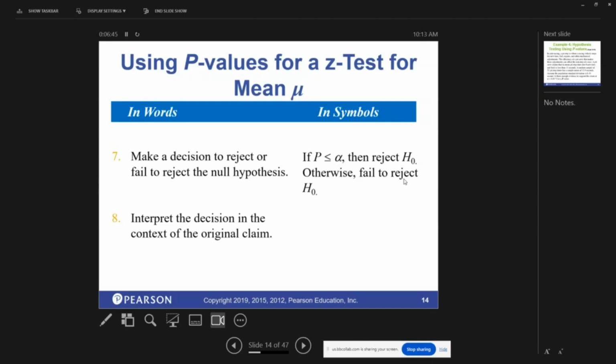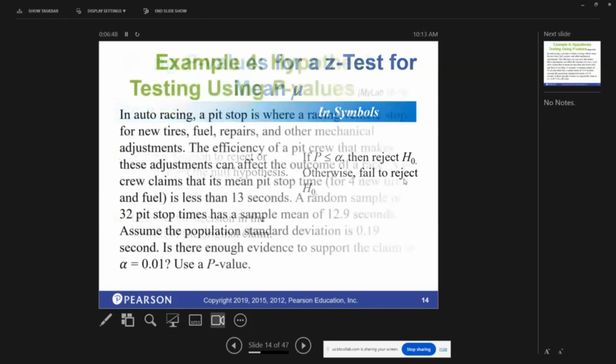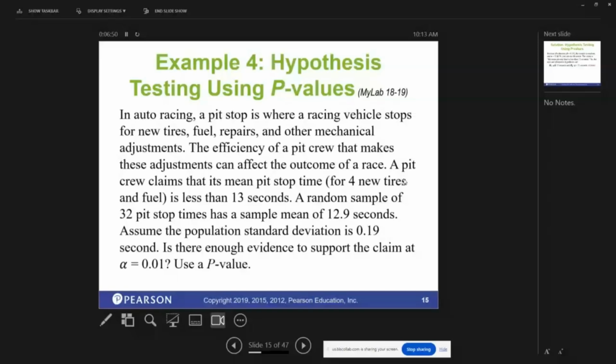Okay, so let's put all of that together and look at an example. Example 4 says that in auto racing, a pit stop is where a racing vehicle stops for new tires, fuel, repairs, and other mechanical adjustments. The efficiency of a pit crew that makes these adjustments can affect the outcome of a race.